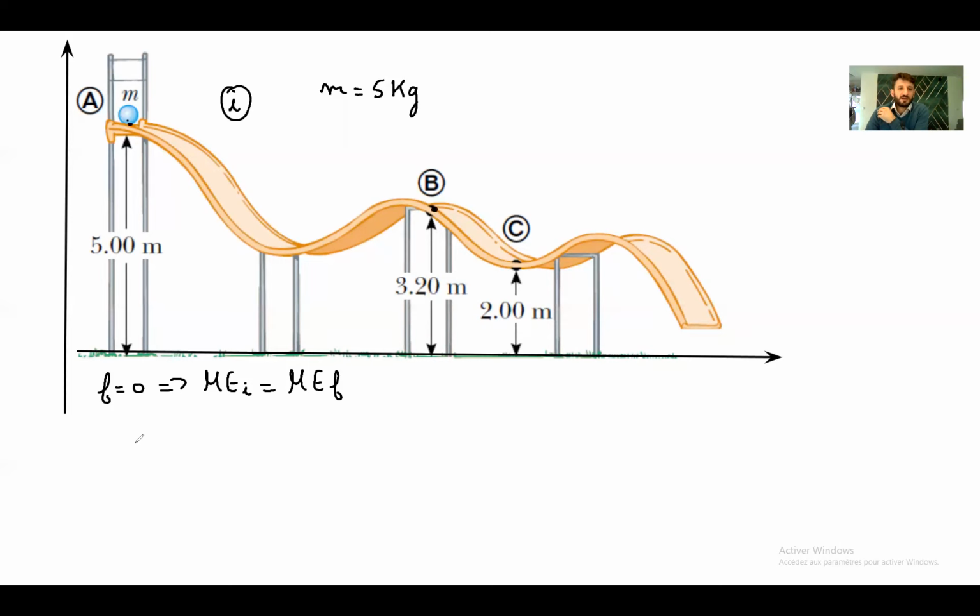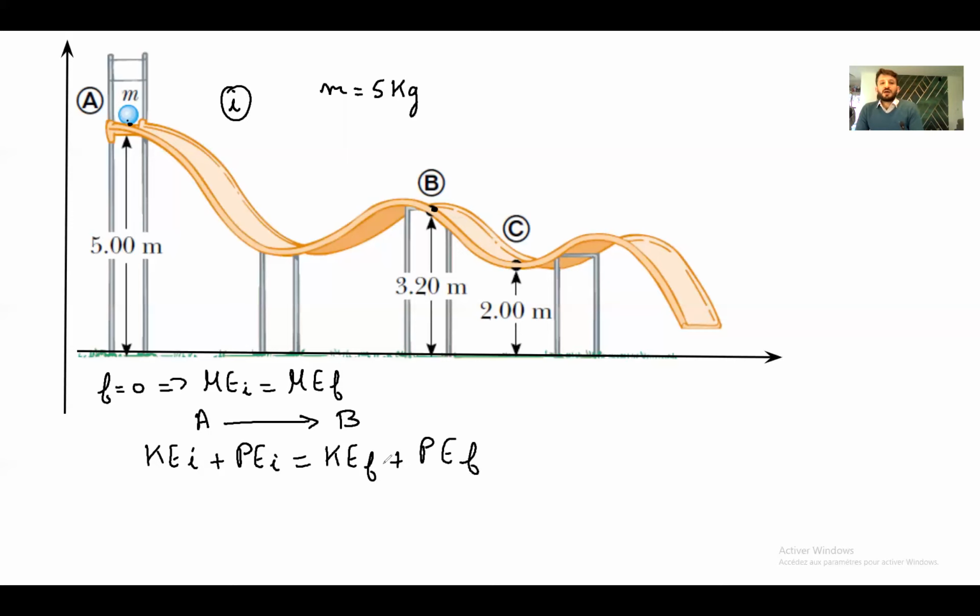I take state 1 and state 2, let's say between when the ball is at A and when the ball is at B. We have kinetic energy initial plus potential energy initial equals kinetic energy final plus potential energy final between A and B. Initially we have the ball at the position A without initial velocity, so we don't have kinetic energy.